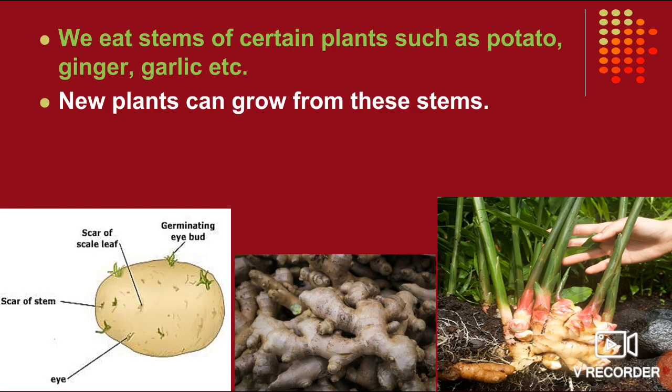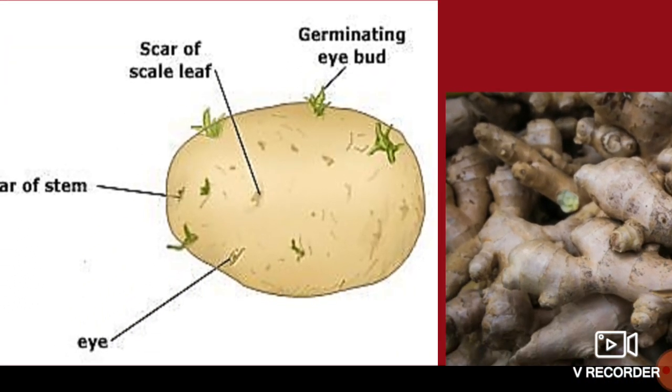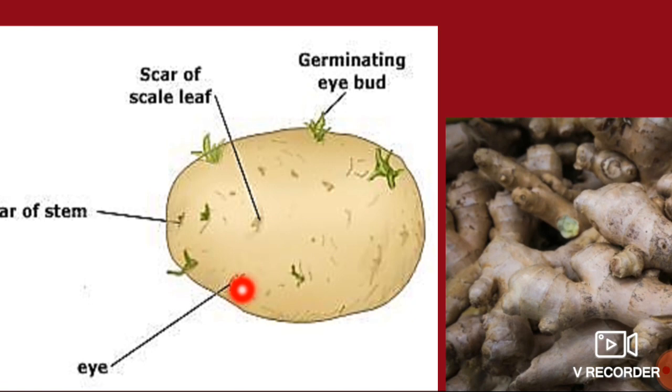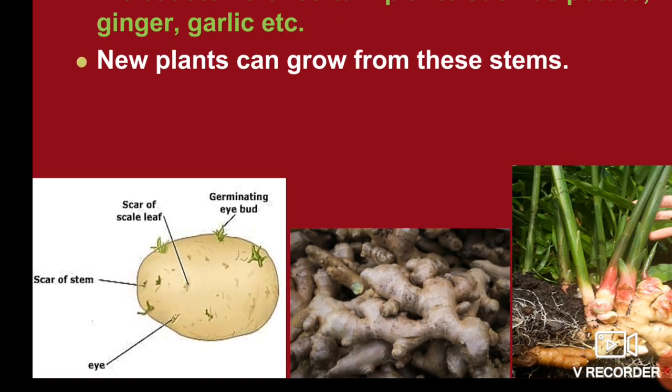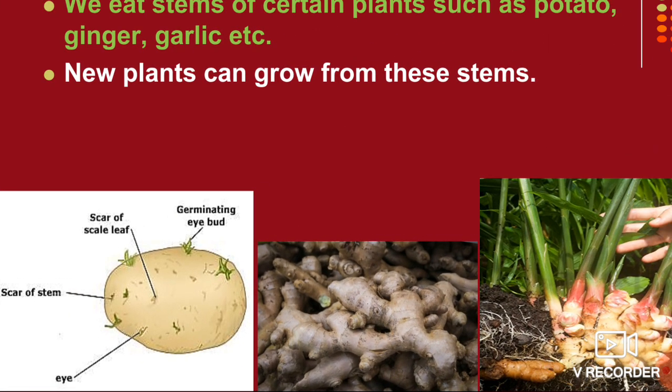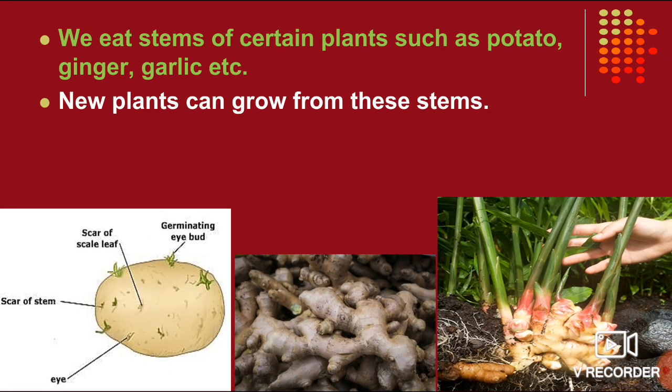There are some more examples. You can see here this is a potato, and this particular part you are seeing here, these are eyes. These eyes have the capacity to grow into new buds, and here you can see these are germinating buds. If you cut this and sow it into the soil, you will get a new plant. In the same way it happens with ginger.